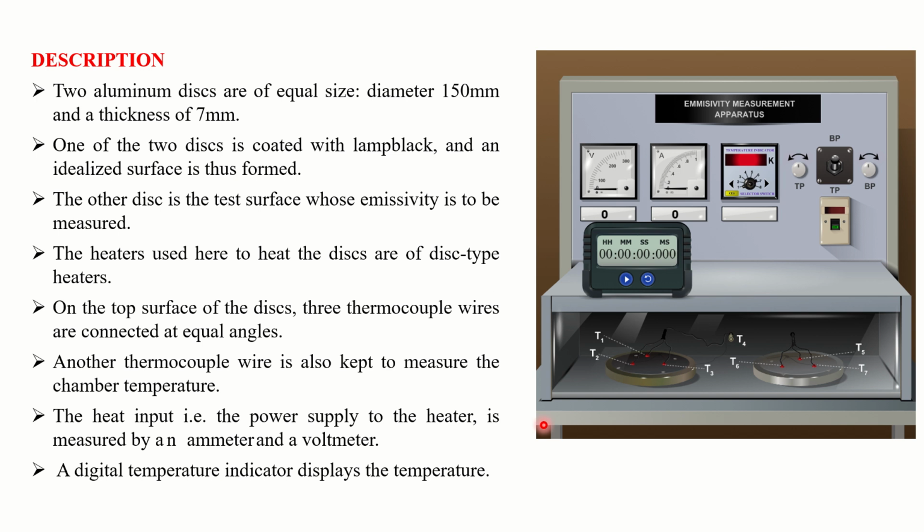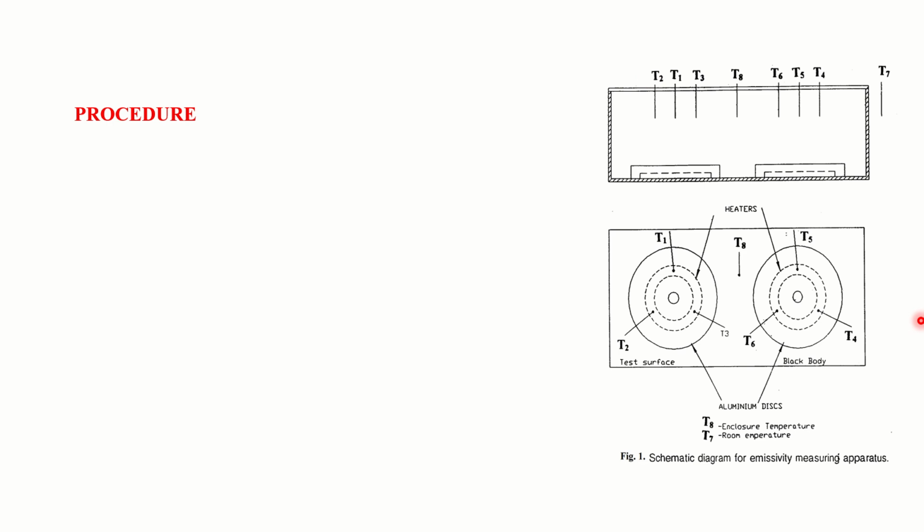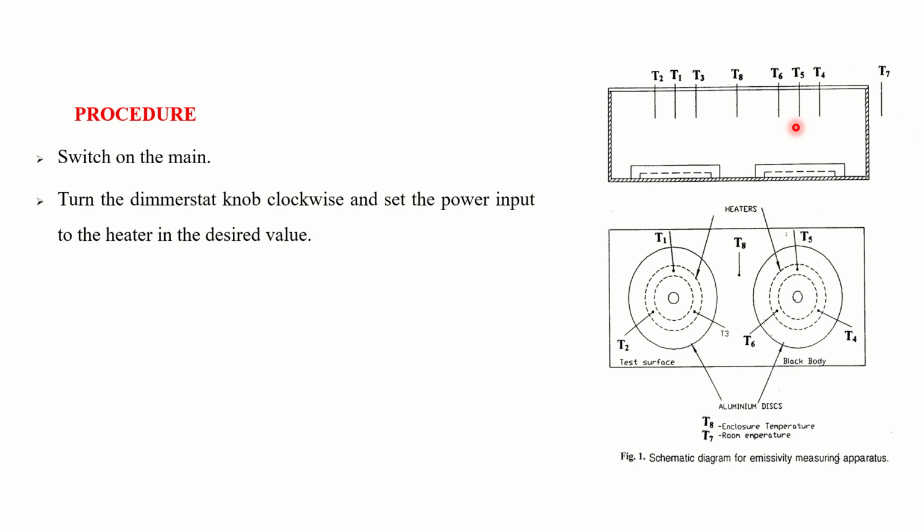Now let us see how to perform the experiment. That is the procedure to do the experiment. So this is a schematic representation of experimental setup. So first we need to switch on the main, then regulate the power input by adjusting the thermostat knob, and note down the power input by noting down voltmeter and ammeter reading.